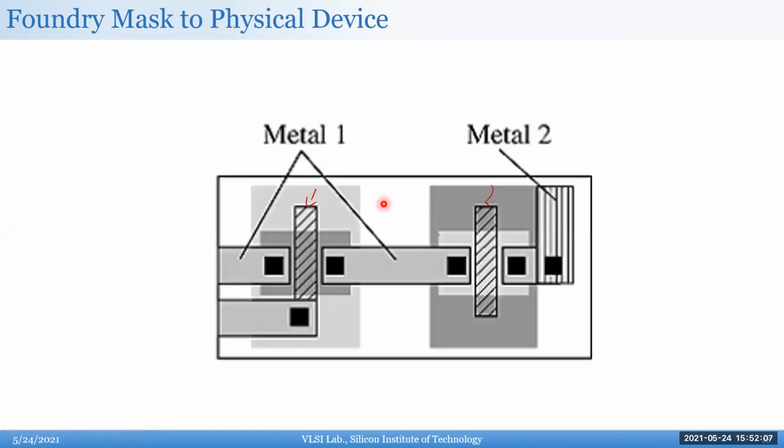So for example, in this layout, you can see this is the diffusion area. This is the well area. So you have your P well, N well, and this is the diffusion area, which defines your source and drain. This is your gate for the PMOS. And this is the metallization. This is the via, which connects between metal to the source and drain underneath it.